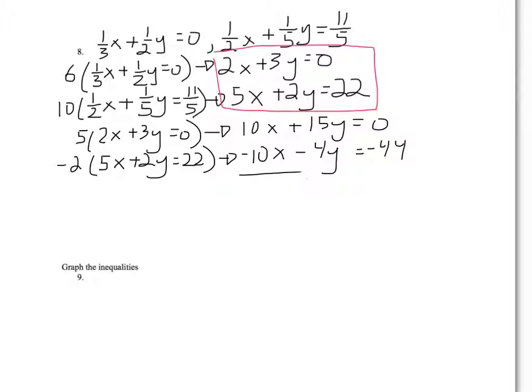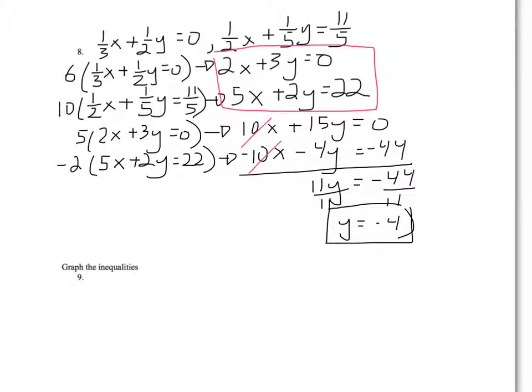When I add these two equations together, the x's cancel out. I get 11y equals negative 44. You divide by 11. Y equals negative 4.